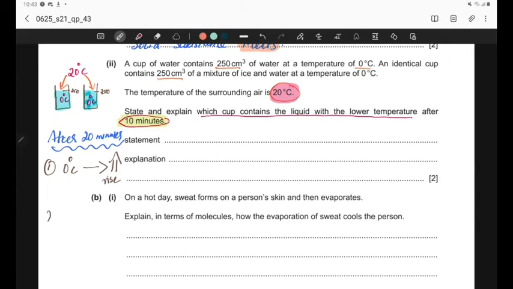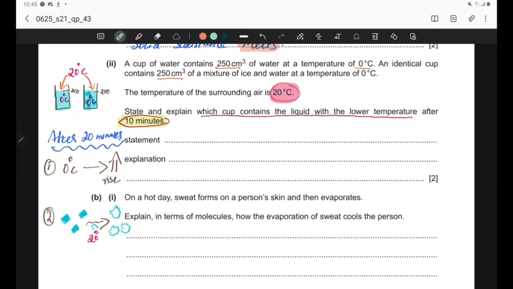But when you look at the second cup, there are some ice cubes. So these ice cubes will absorb the heat from the 20 degrees Celsius atmosphere simply to change their state from solid to liquid. That is the important point we should notice inside the second cup. As there is so much ice, the ice will absorb heat from outside not to increase its temperature from 0 degrees to something greater, but simply to convert its state from solid to liquid.